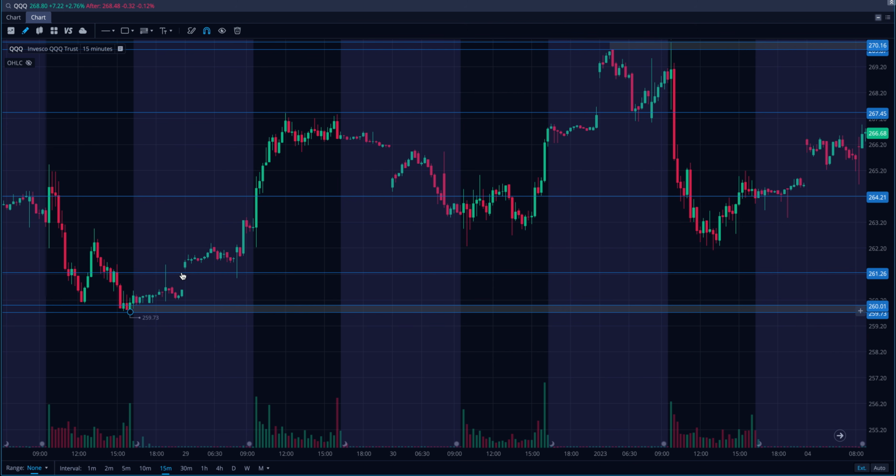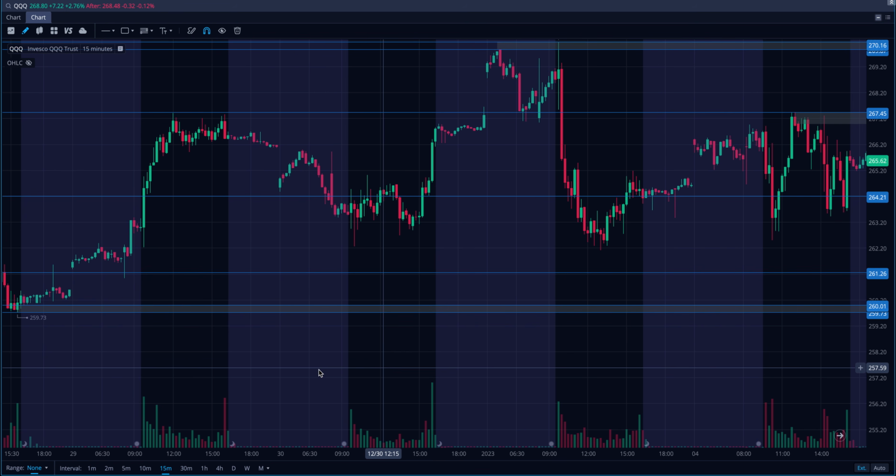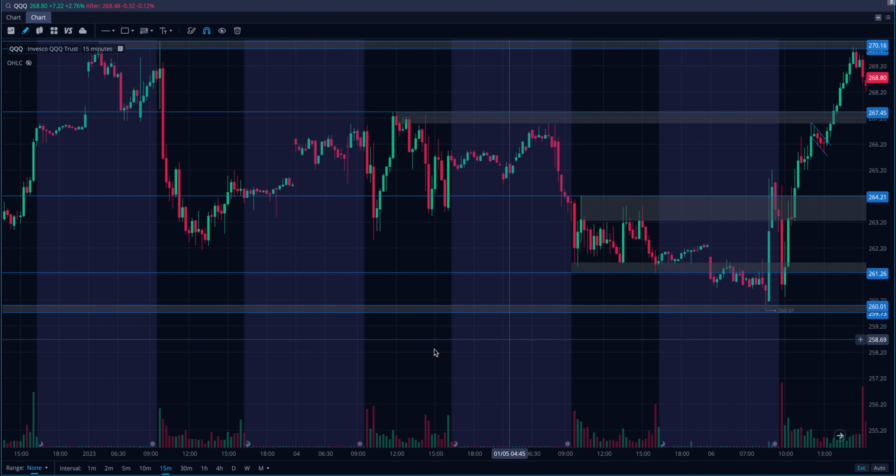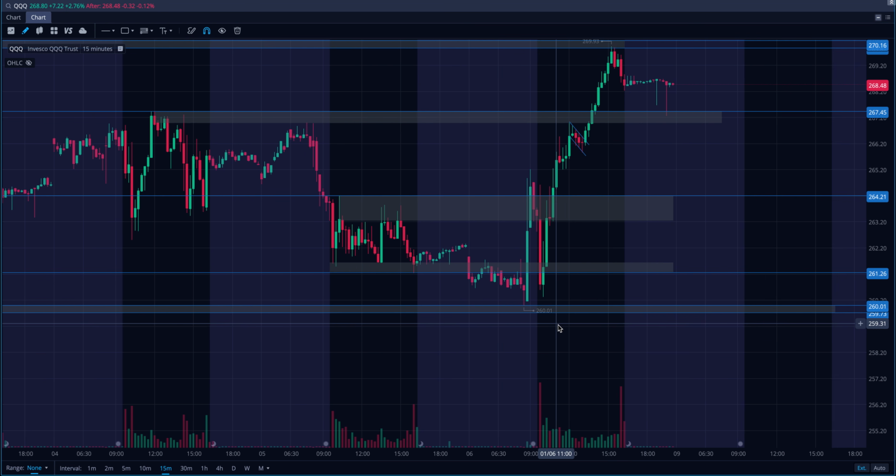That was another big support level. It came down, that's where it hit, and then we got a nice move up off it. That tells you it's support. So that was my big short trigger for Friday. Anything below that, I'm looking at only shorting the pops. Below this level would have likely picked up some nice momentum to the downside.